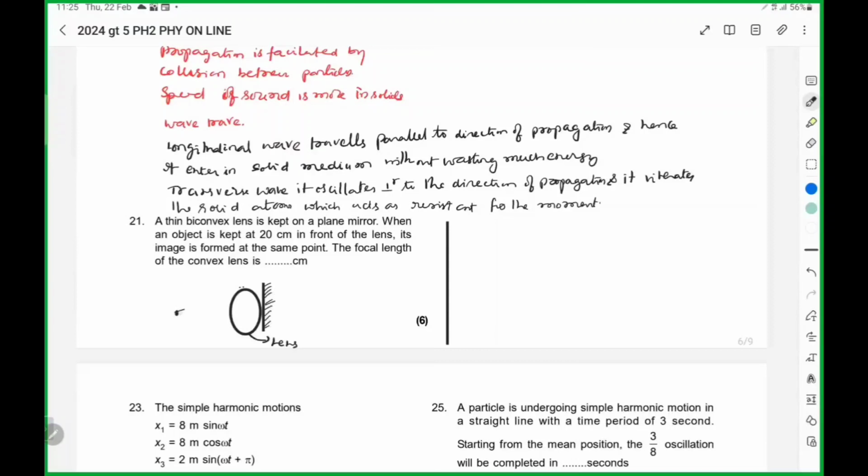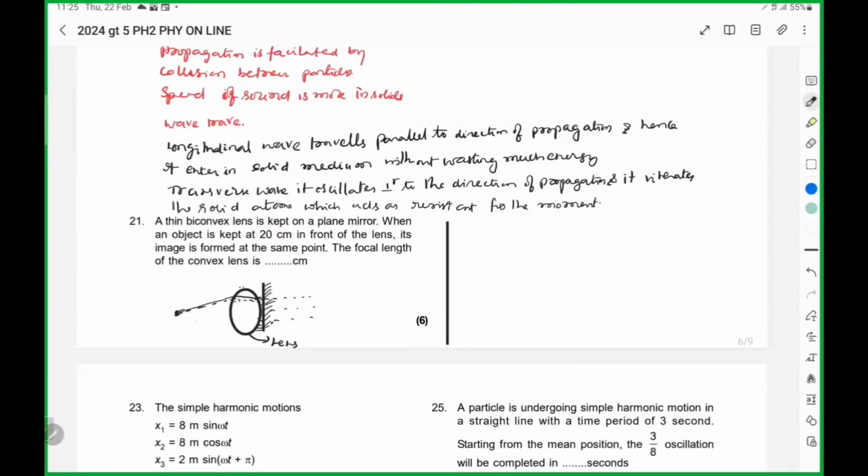So a ray from the source incident on the lens gets refracted, and after two successive refractions, if it is incident normally on the plane mirror, then the rays, which are parallel rays coming from infinity, after two successive refractions, again meet at the same point.